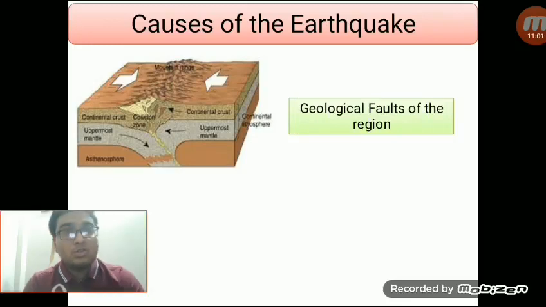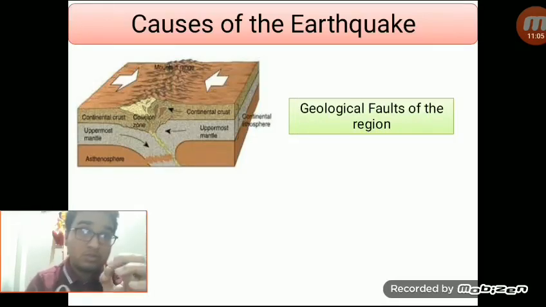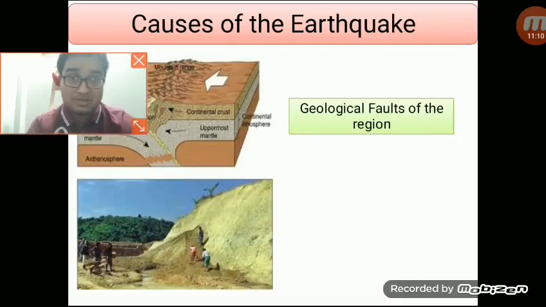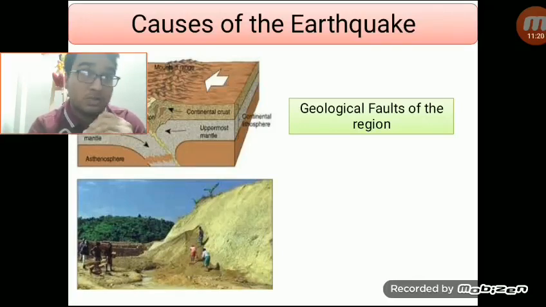Next, geological faults of the region. This is one of the causes of the earthquake. And the last one is man-made causes, and in these pictures we can see people cutting down the hills, and this is one of the man-made causes of the earthquake.